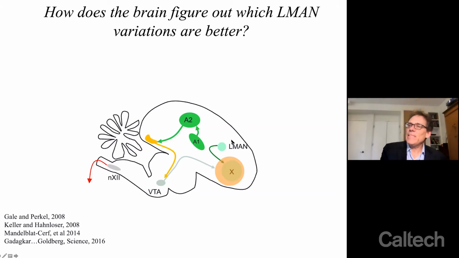The reason is that a particular L-man fluctuation, for example, that leads to added muscular contraction, might make the song better during one song syllable, but that same fluctuation could make the song worse in a different syllable. So to solve this problem, the correlation of L-man activity with song performance really needs to be done independently at every time in the song.